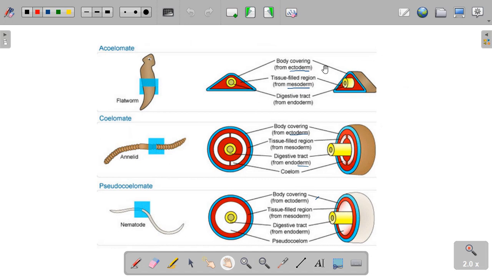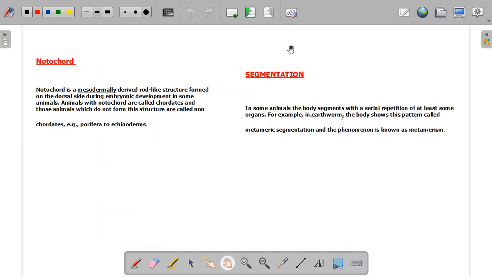Next comes the presence of notochord. Notochord is mesodermal. You already heard ecto, mesoderm, and endoderm. It is a string-like structure formed from the mesodermal germ layer on the dorsal side. If you take the human body, on our back, you can say dorsal side, during the embryonic development in some animals. Having a notochord or not having a notochord makes the difference.